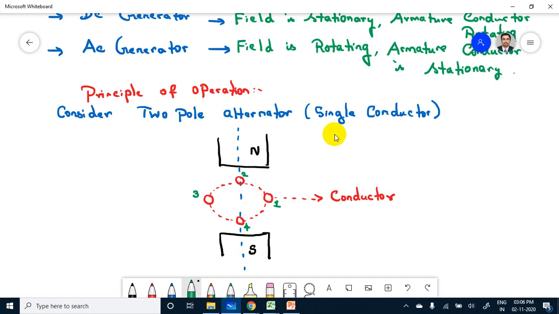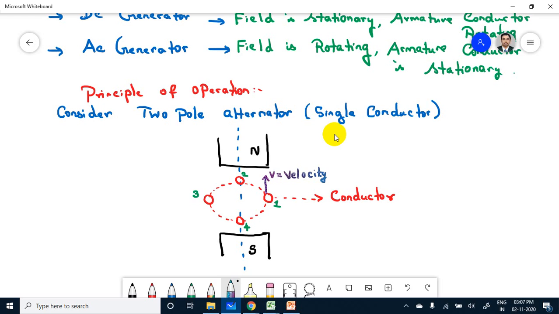Now the conductors start rotating. For every conductor a velocity is produced. This line we call V. V stands for velocity. Velocity means speed with respect to time. For every conductor there will be a velocity, depending on the direction.